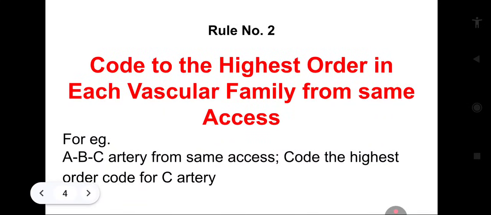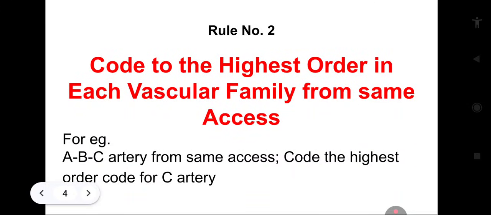The next rule: code for the highest order of each vascular family from the same access. Here you have to code to the highest order in each vascular family. For example, if I have given A, B, C arteries, and the catheter moves from A to B, then B to C artery, so the catheter has to reach the C artery.